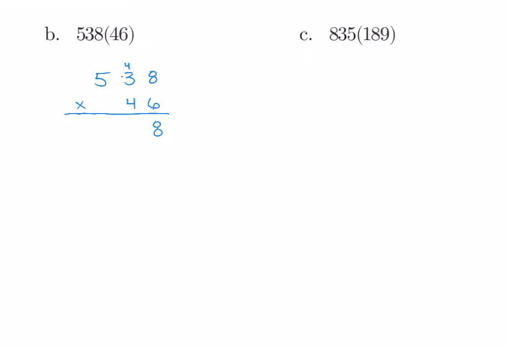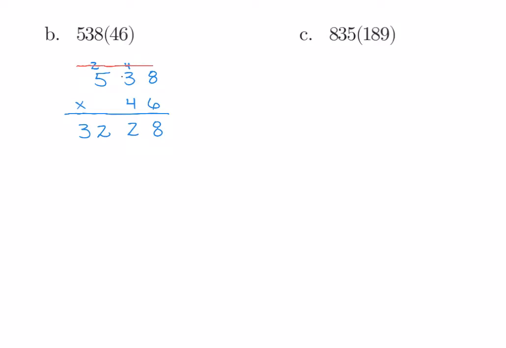We add our carried digit. 18 plus 4 is 22. 6 times 5 is 30. We add our carried digit. 30 plus 2 is 32. All right, so we're halfway done. That takes care of multiplying by the 6.